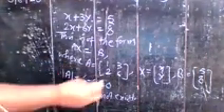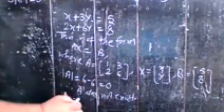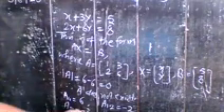First you try to find the adjoint of A. So first you find its cofactors. A11: eliminating the first row and first column, you have 6. A12 is minus 2. A21 is minus 3.